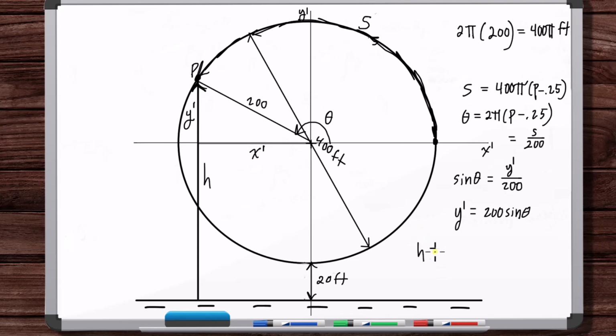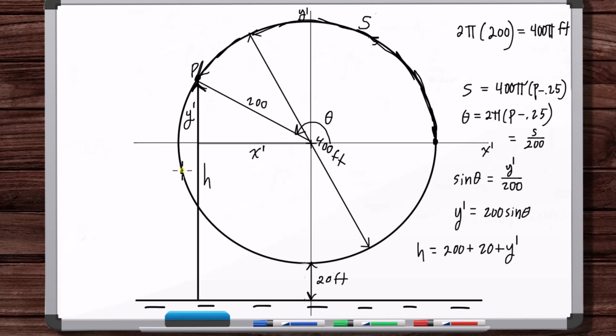So h is 200 plus 20 plus y prime. And if y prime is negative, then you end up subtracting y prime, which is what you want. In this case, we want to add the y prime, but the formula works even if y prime is negative because it subtracts the y prime, which makes sense, right?